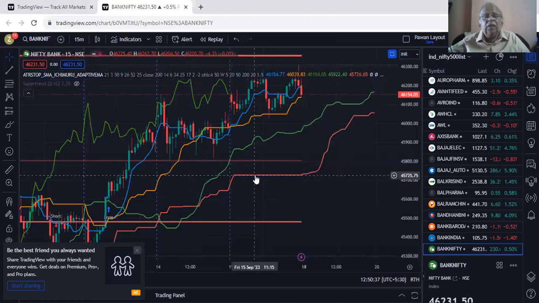Don't get confused about what is the leading span or lagging span or Chikou span or Tenkan-sen or Kijun-sen. The overall concept behind is that there are only 5 lines which move together and build up the Ichimoku trading system.